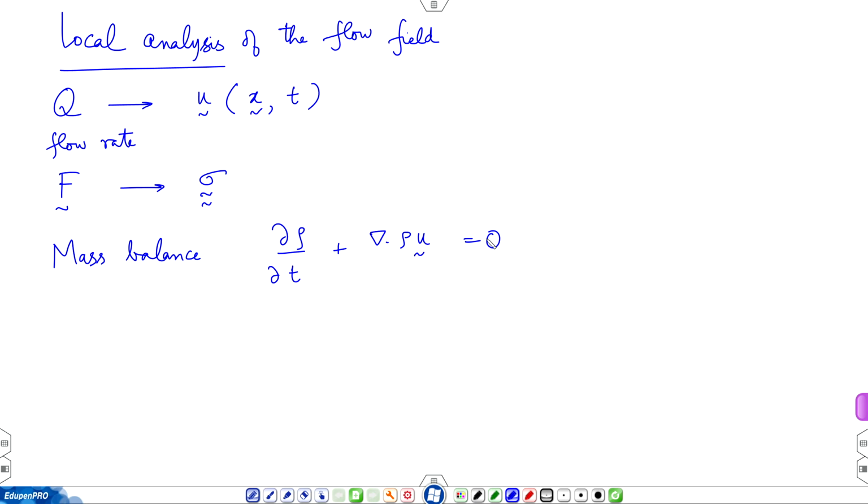And then we also had rho equal to constant, del dot u equal to 0, and if del dot u equal to 0, then a stream function will exist.